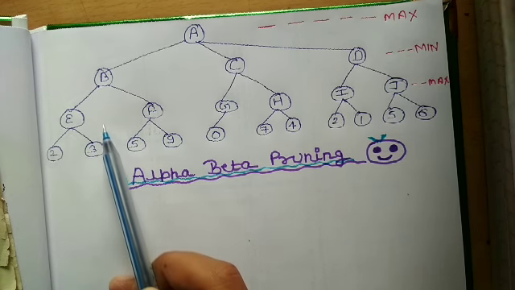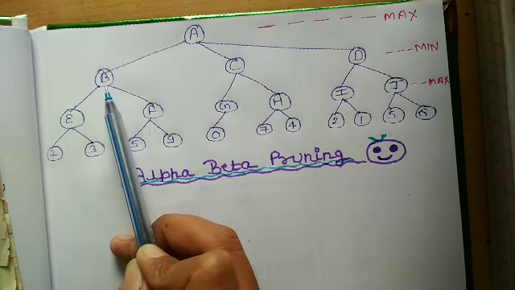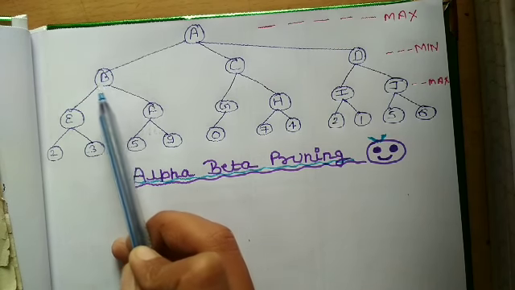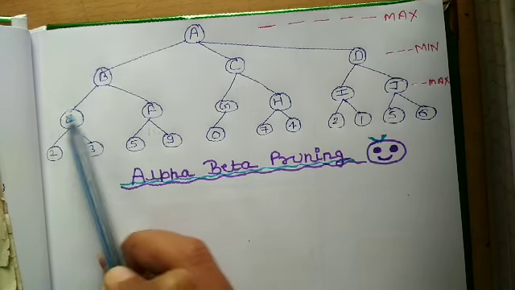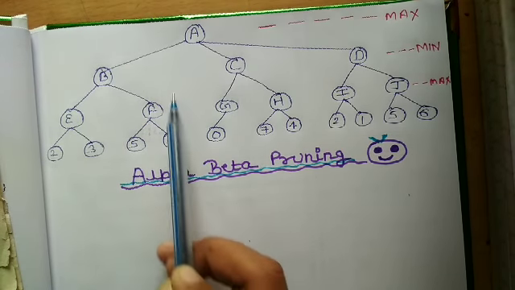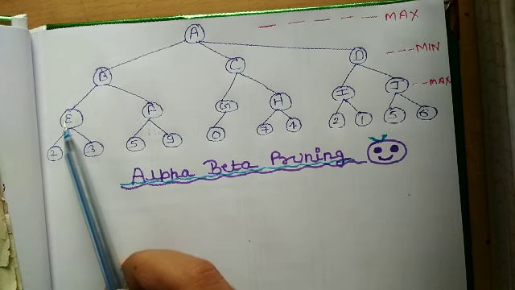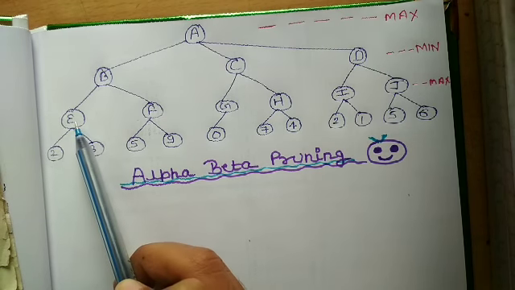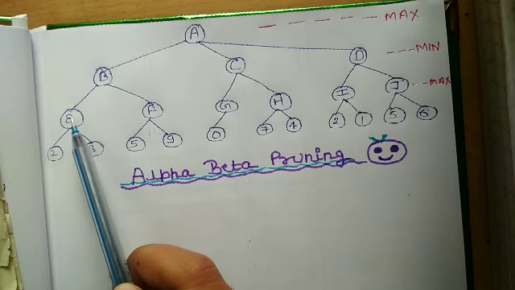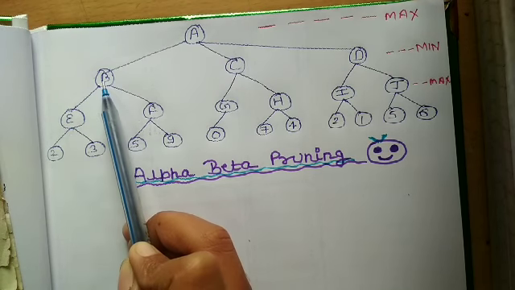You will explore this, then you will go there. You will change values according to the fact that this node is already explored. This node has 2 children. This child is not yet explored. This child has already been explored. So this node will take the value of this child as it is.